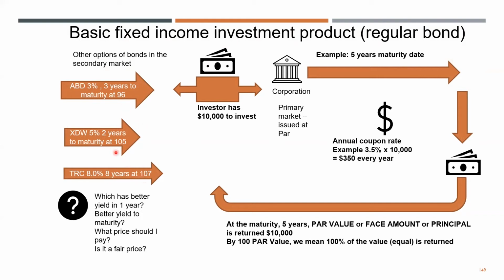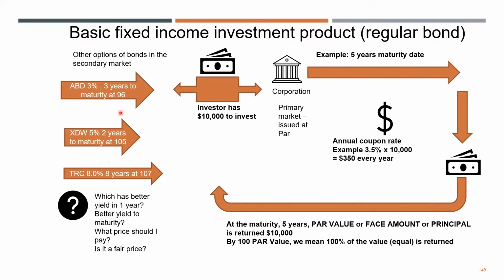So these 3 bonds, how are you going to assess which is better? It's not just that the 8% one is good. It's not just that this is only a 2-year one. It's not that this is a discount. You have to do some calculations to understand. If the client is going to put in $10,000, and based on whatever return they're going to get, they will get the money back.